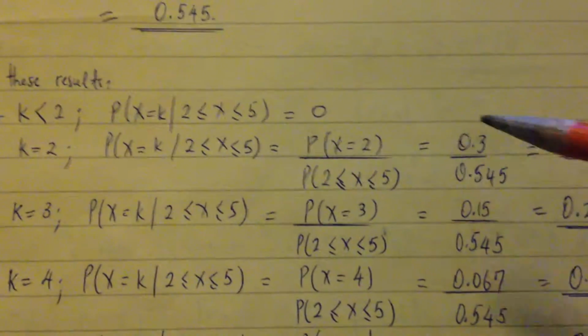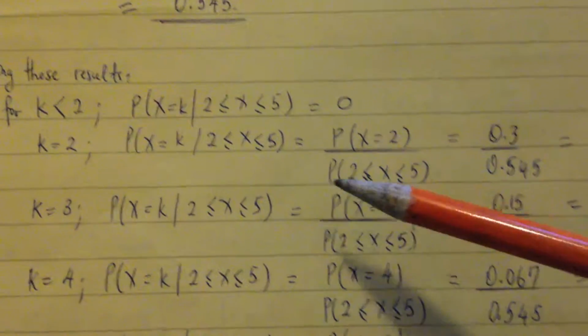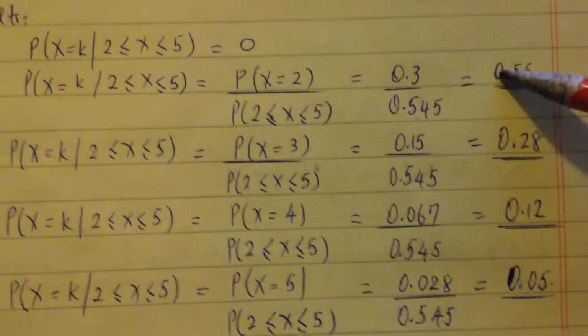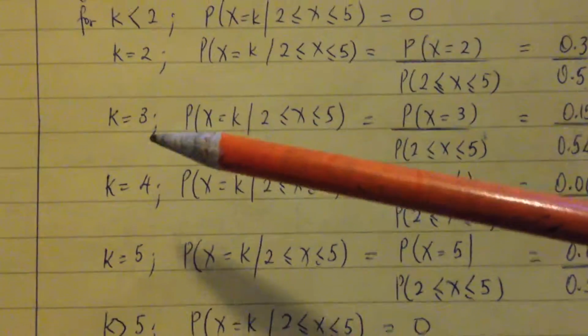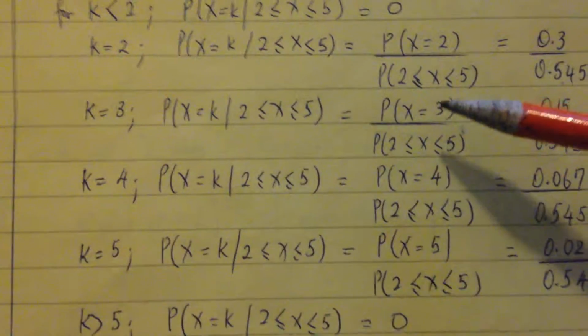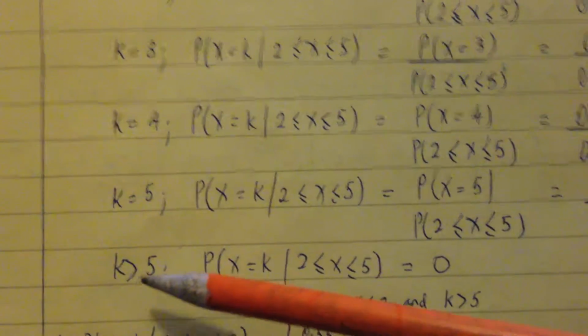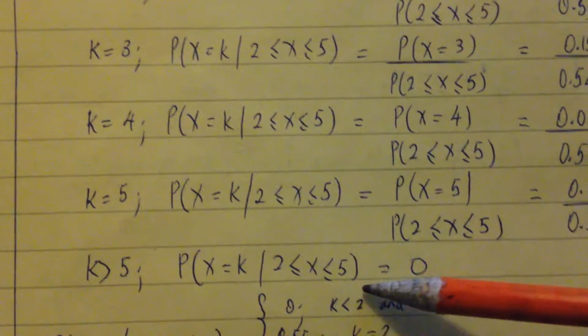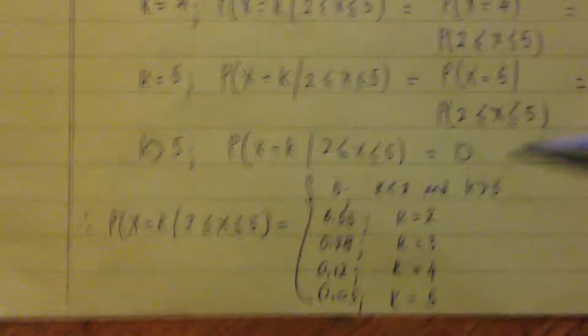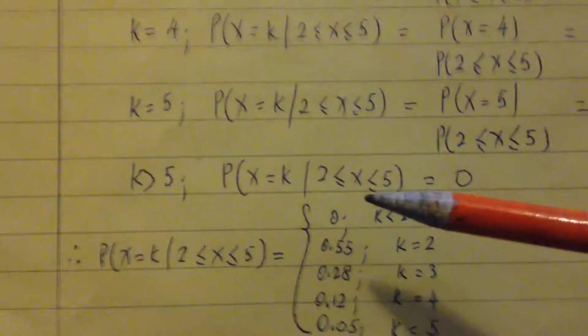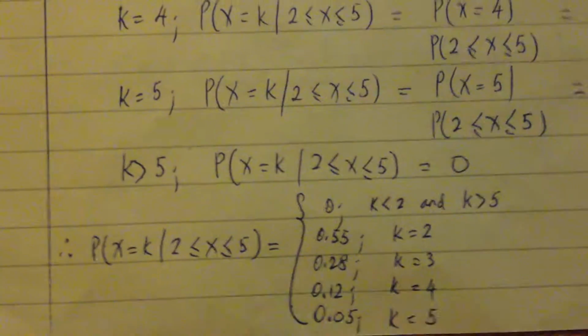So just substitute for that, and the probability that x is between 2 and 5 is also already obtained, which is this, giving us this. And similarly for the other values of k between 3 and 5, it's a similar procedure. And then for k greater than 5, the probability is equal to 0, and therefore the conditional probability is given by this equation here.